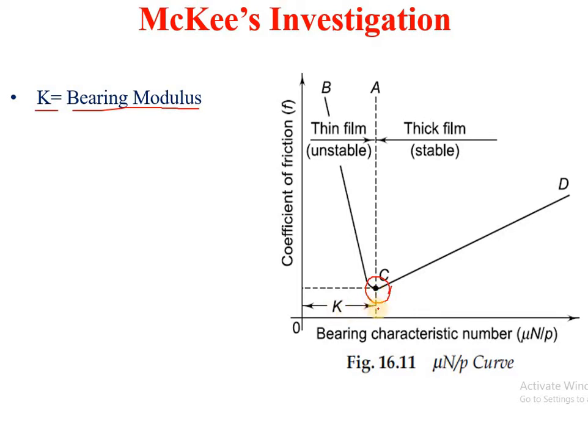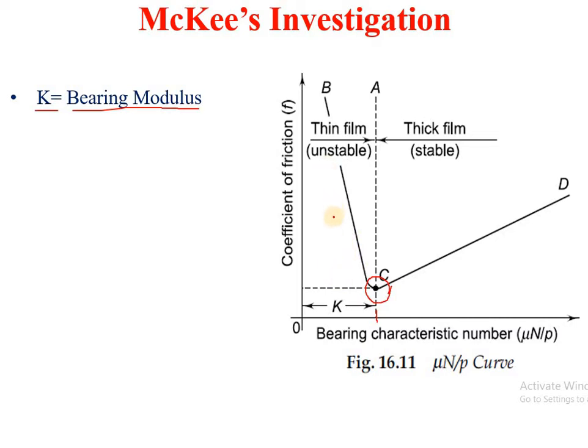Now, actually, working near this point C should always be avoided, or working at this bearing characteristic number should always be avoided. Why? Because if there is a slight decrease in speed or slight increase in load acting on a bearing, this will lead the bearing to pass into thin film lubrication, or you can say boundary lubrication.